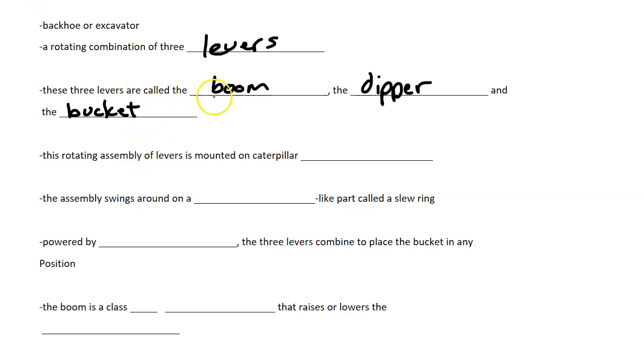And so these would be 3 levers. Now the rotating assembly is usually mounted on caterpillar tracks, and the assembly swings around a gear, like a gear system. All of it is powered by hydraulics. And the 3 levers combine to put the bucket into any position.